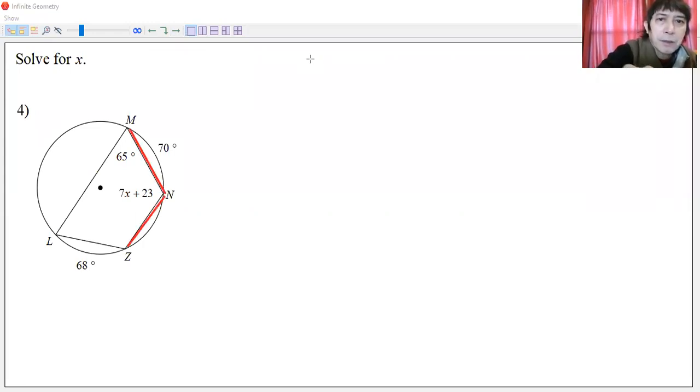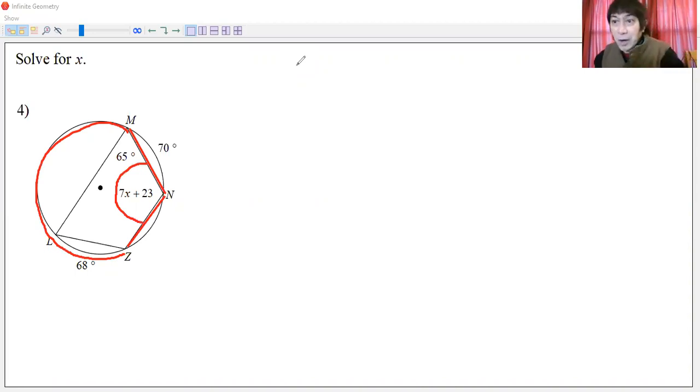That angle subtends this arc there. So if we can only get that measurement and divide it by 2, we can equate half of that to 7x plus 23. Remember, that's the arc. One half of that is the measure of the inscribed angle.